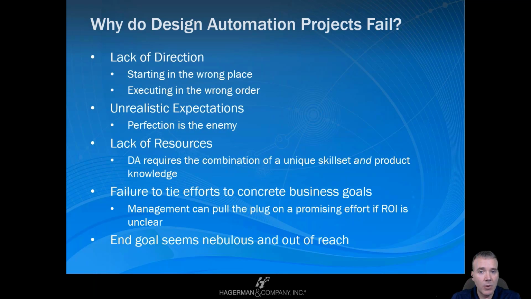Well, that can be a really difficult proposition. So it might be better to start with something that takes your engineers less time, but provides a better return on investment. And then you can also often build on that to reach the goal you might have started out with otherwise. But it's important to start in the right place and to do things in the right order.